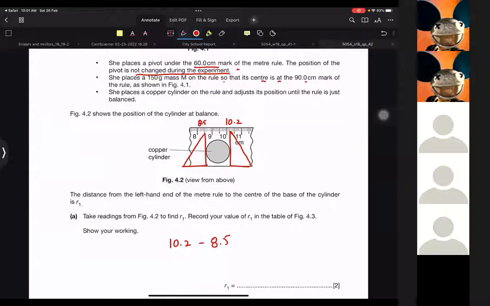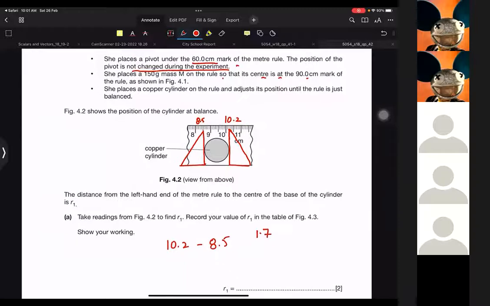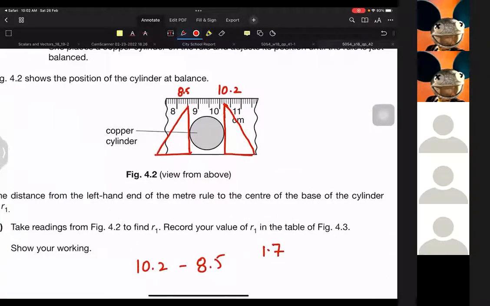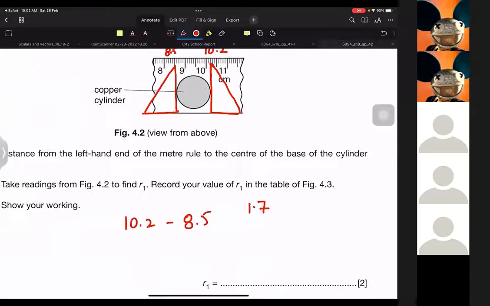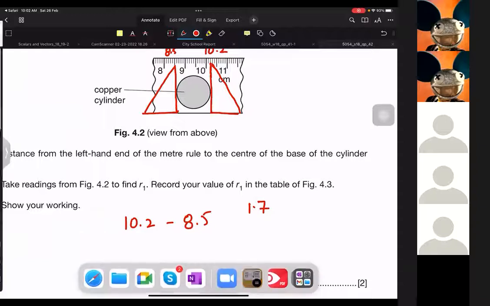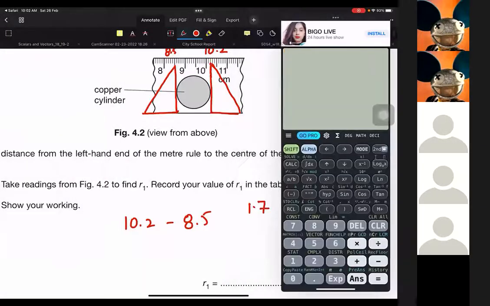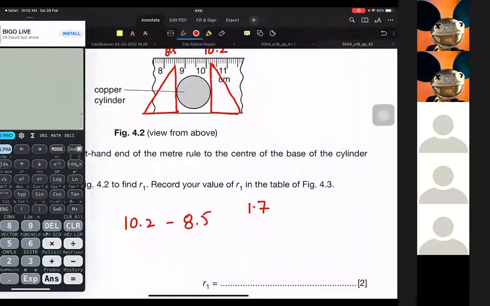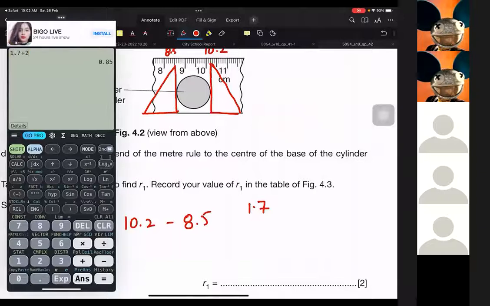So this was 8.5, this was 10.2, and we got 1.7. This means the center would be, one way is that I divide this by 2. So 1.7 divided by 2 is 0.85.